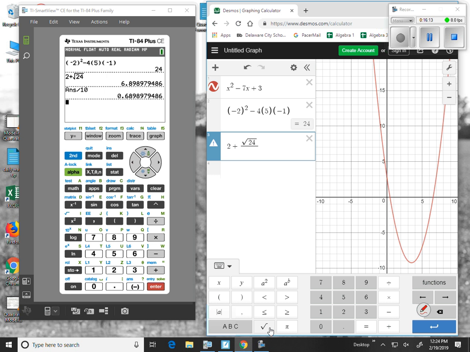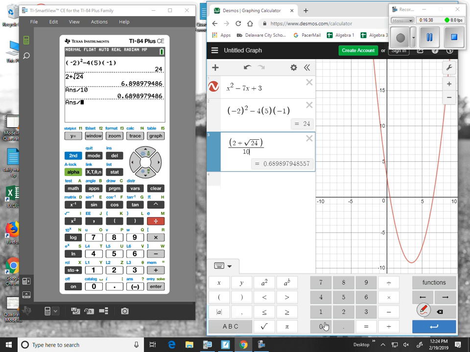What do I want to divide by 10? So hit the subtraction. You can put this whole thing in parentheses, and then hit divided by 10. And guess what? Desmos will take the whole thing. So you see how they're the same? 0.6898. So it doesn't matter which way you do it.